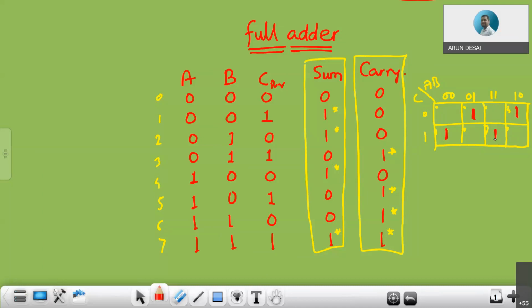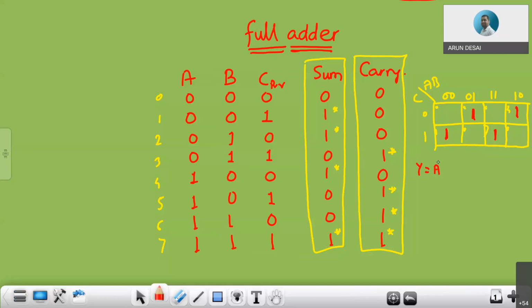So this is how your K-map looks for the full adder sum expression. And you cannot combine or group any ones here, right? So you simply write the expression directly.